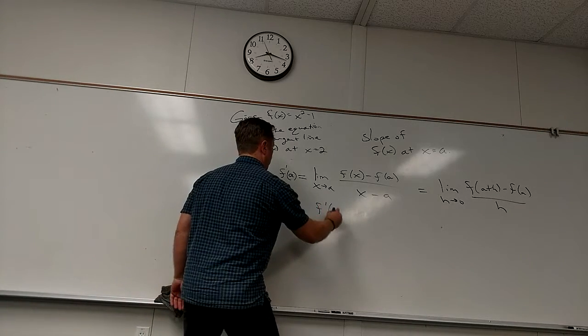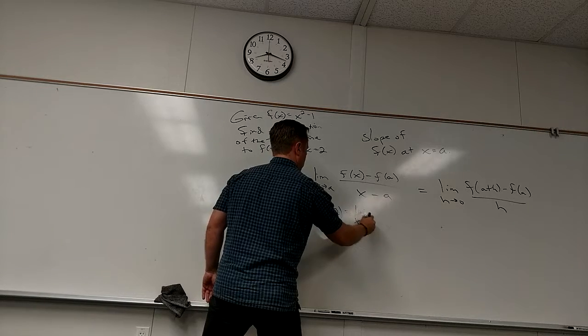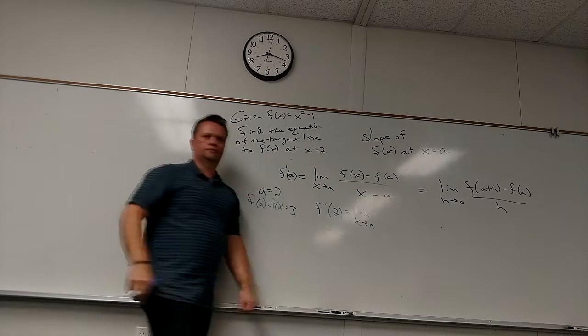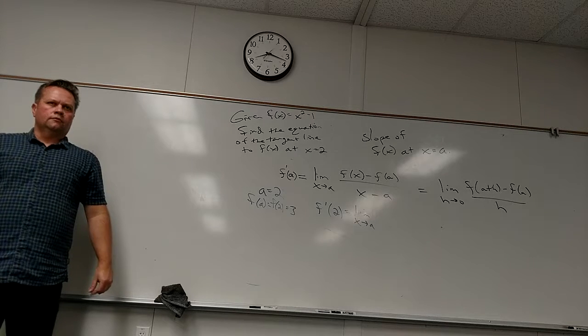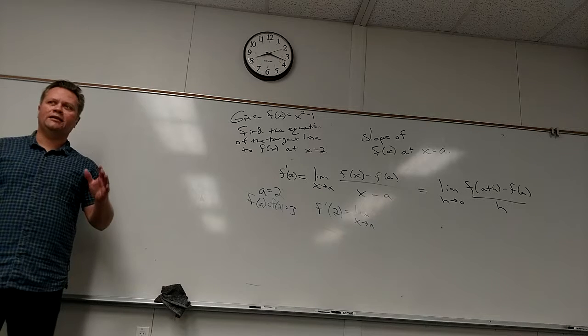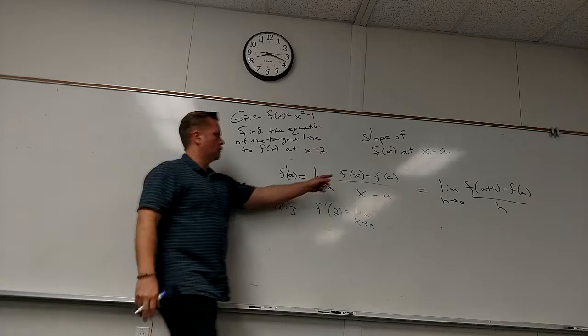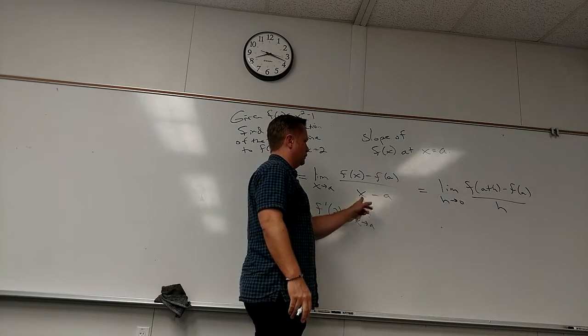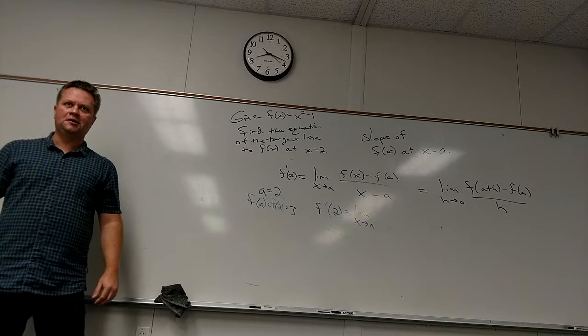So f prime at 2 equals, set this up. Never lose sight of the fact that I can still see algebra right there in front of my face. y2 minus y1 over x2 minus x1 is just algebra.